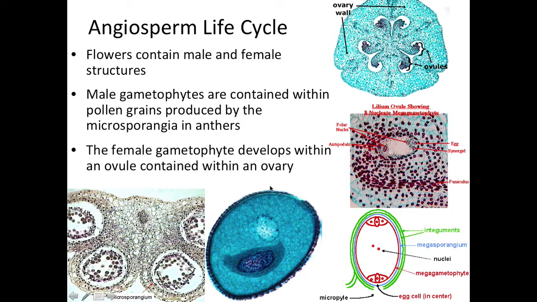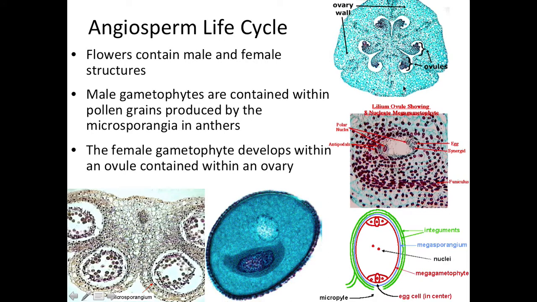Here you can see the microsporangium, the male sporangium, and they're producing microspores, which then produce the male gametophyte. Here's a pollen grain. You can see the large vegetative cell, and inside this you have a smaller generative cell. This generative cell will then split into 2 sperm. This is the male gametophyte. At this point, it is only 2 cells large.